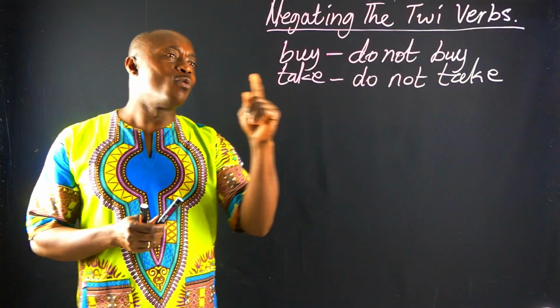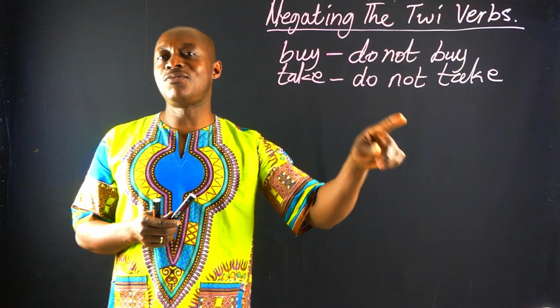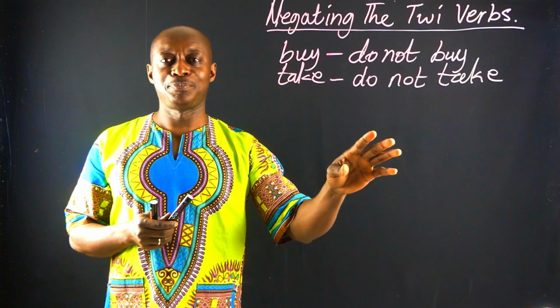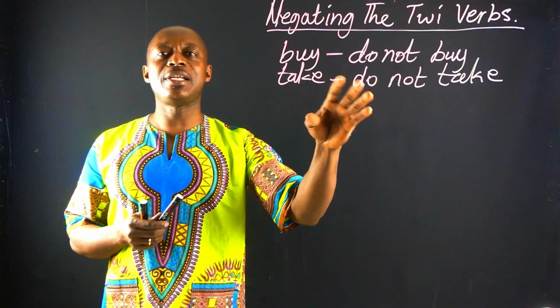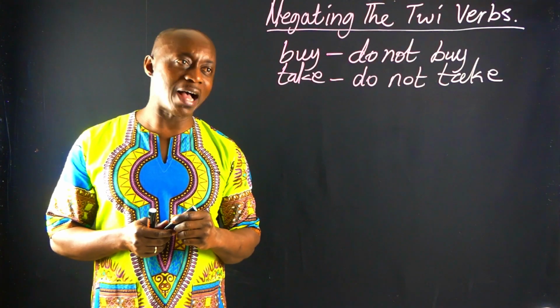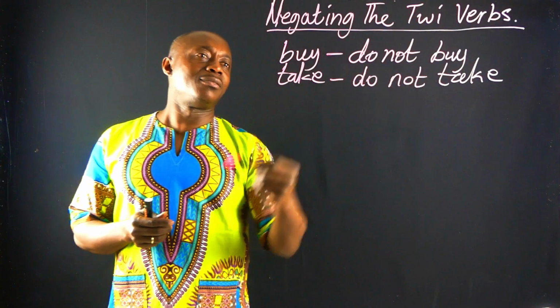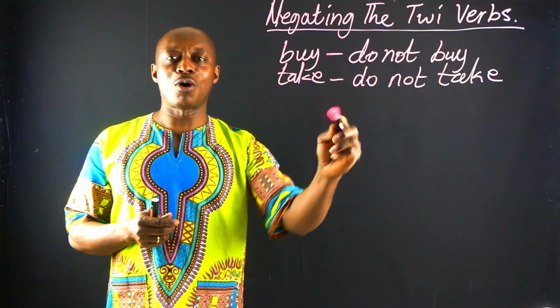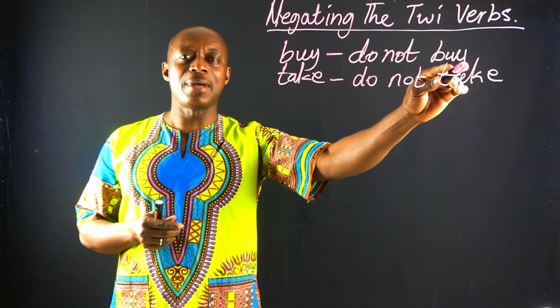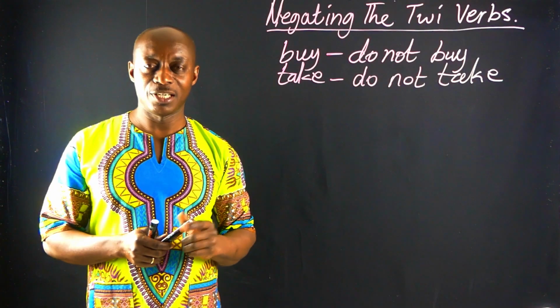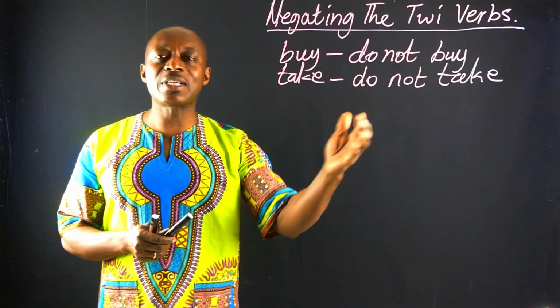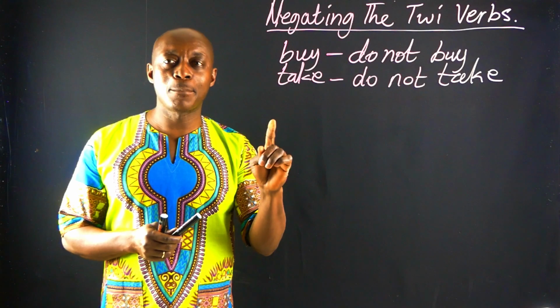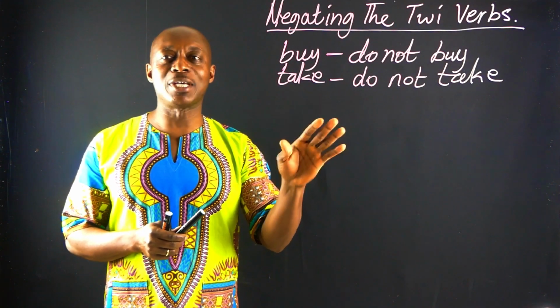But the way the Twi negative verbs are identified is different from the way the English ones are identified. In English, you only place do not or don't before a verb and then it becomes negative. In Twi, you have to prefix the verb with M or N and it will become negative.